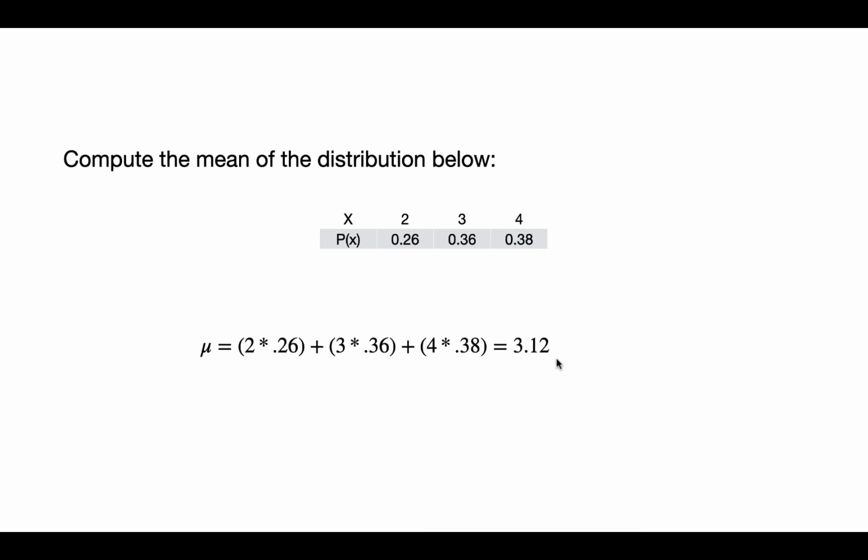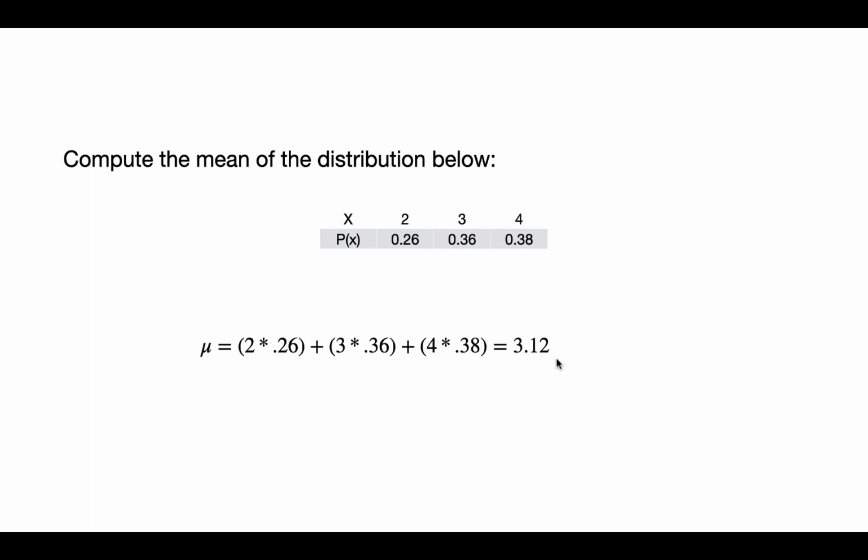But the idea here is, what if I increase from 10 to 50? Again, I'm going to have a bunch of 2s, 3s, and 4s, probably a lot of 4s, a lot of 3s, and some 2s. If I add those up and divide by 50, and repeat again, say 100 times, the question is what if I just let this go?